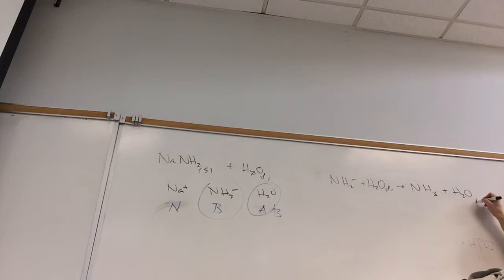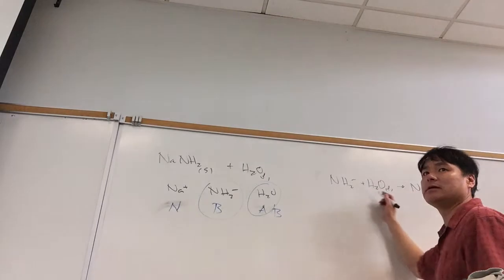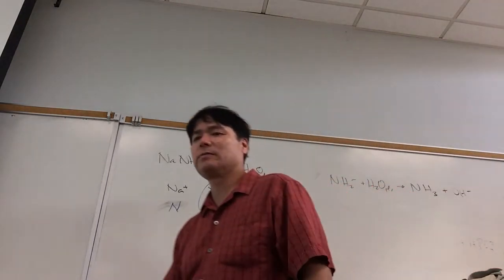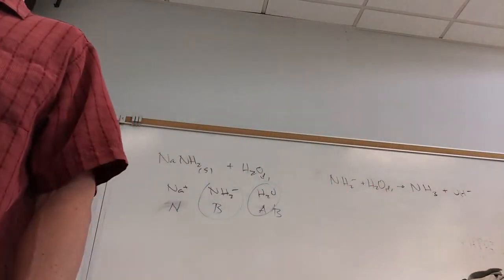NH3 and OH minus, hydroxide. Hydroxide's good because it's stable. But when I say stable, hydroxide can be very reactive as well. Is that NH3 going to be a gas this time? No, NH3 will be aqueous. It's still in water. There's plenty of water present. Water's a solvent.